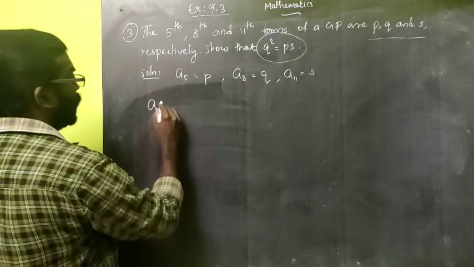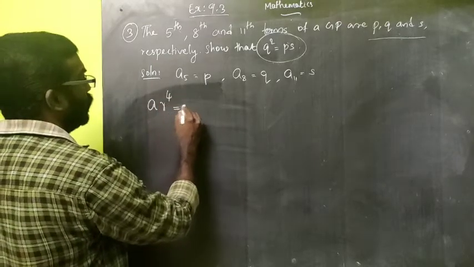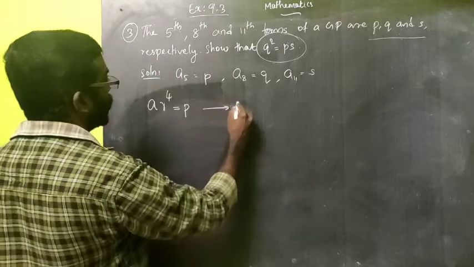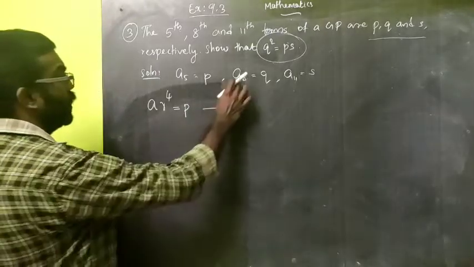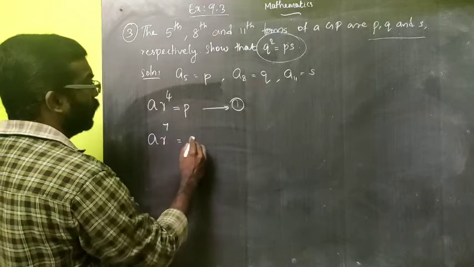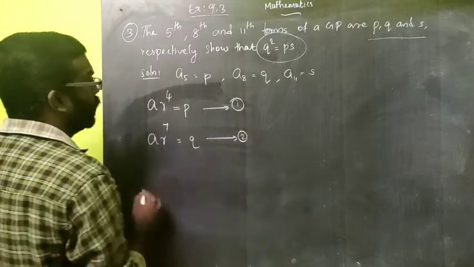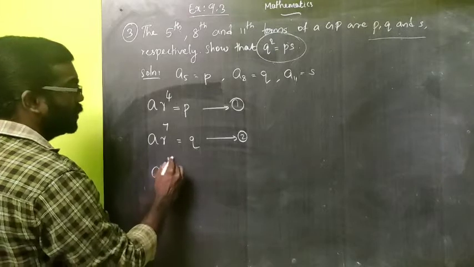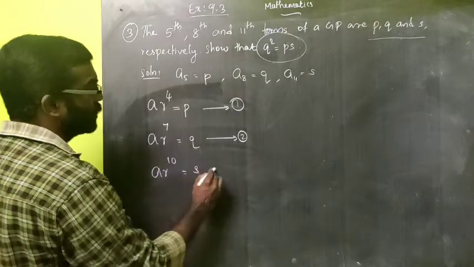So here we can write a r raised to 4 is equal to p. We can take it as equation number 1. Then a_8, the 8th term, a r raised to 7 is equal to q. Then the 11th term, a r raised to 10 is equal to s.